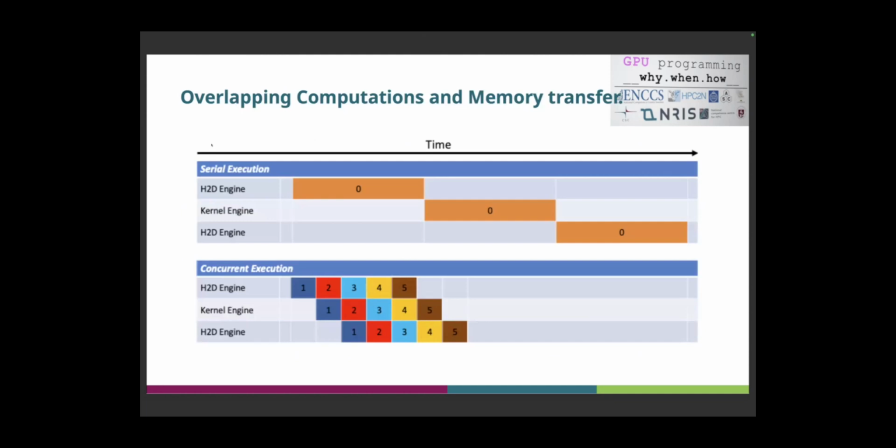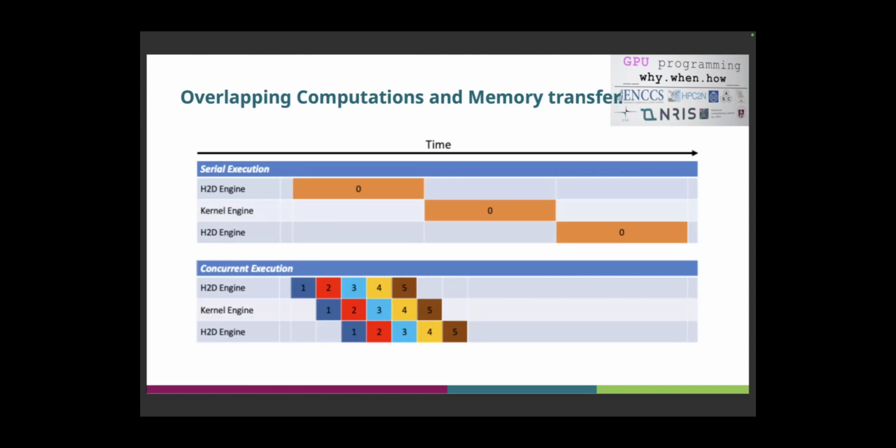So if we look at the way we did the first vector addition code, we have three engines on modern GPUs. We have the copy from host to device, we have the kernel engine that does the computation, and then we have the copy from device to host. All these three operations can be done at the same time.